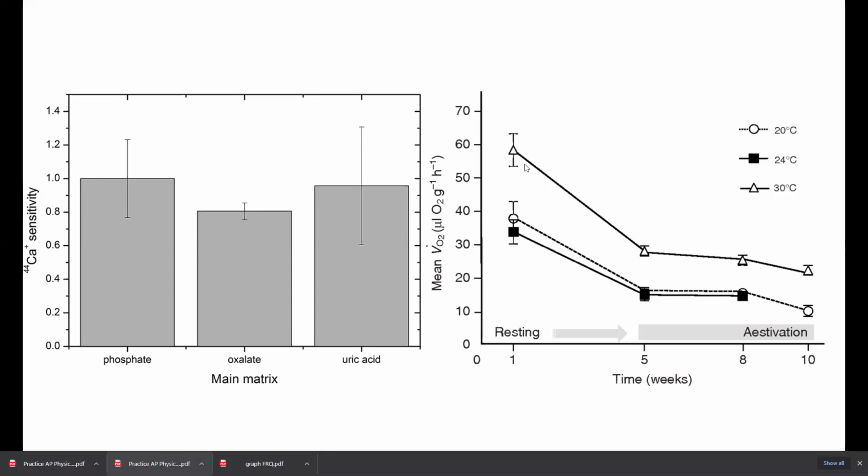As you can see at 30 degrees here, this is statistically different from these groups, the 20 degrees or the 24 degrees, for this experiment that went through time. And again, the dependent variable is going to be calcium sensitivity for here, and a mean VO2 here. And then the independent variable is going to be the main matrix or the time here.